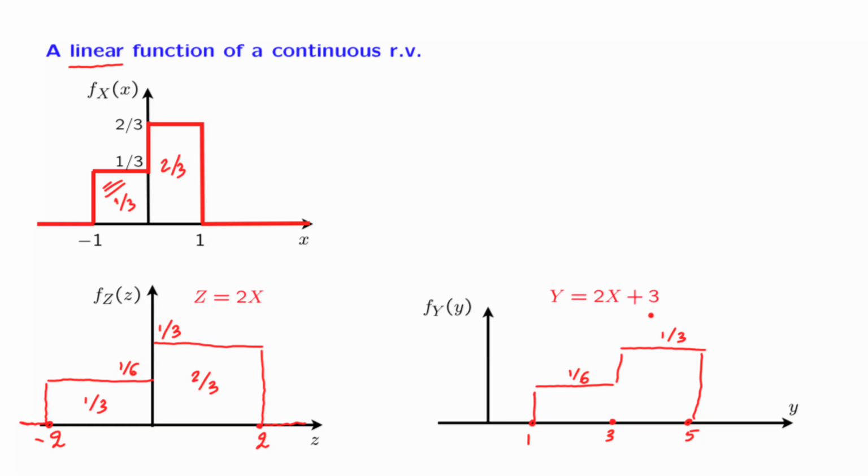The only difference is that here in the continuous case, we also need to scale the plot in the vertical dimension by a factor of 2, actually make it smaller by a factor of 2, and this needs to be done in order to keep the total area under the PDF equal to 1.